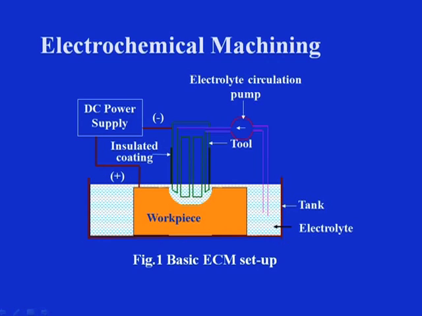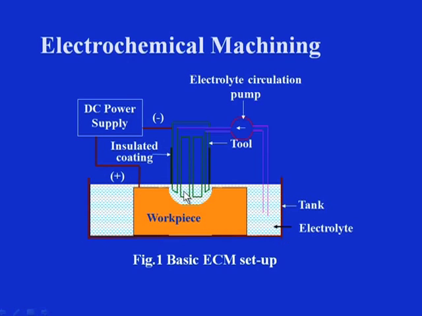The basic setup is like this, in which the workpiece will be dipped in a working fluid, also called the electrolyte, and the electrolyte will be continuously flown through the gap between the tool and the workpiece.